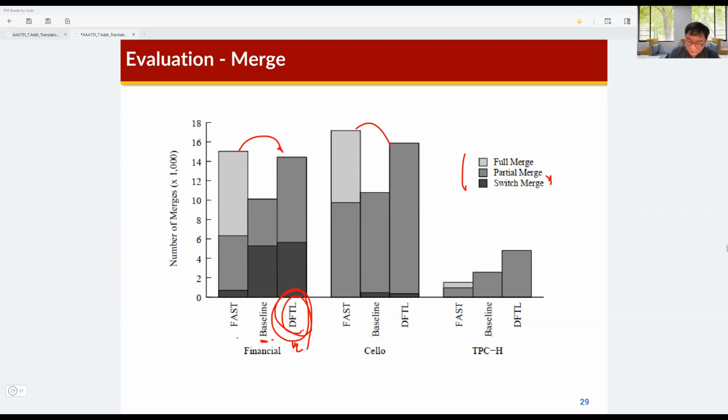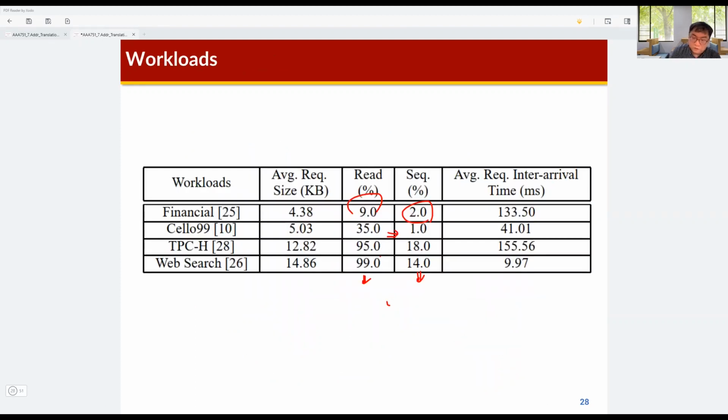But as you can see, for this financial workload, the percentage of sequential requests is extremely low. So that means that this workload includes large fractions of random requests or random writes.